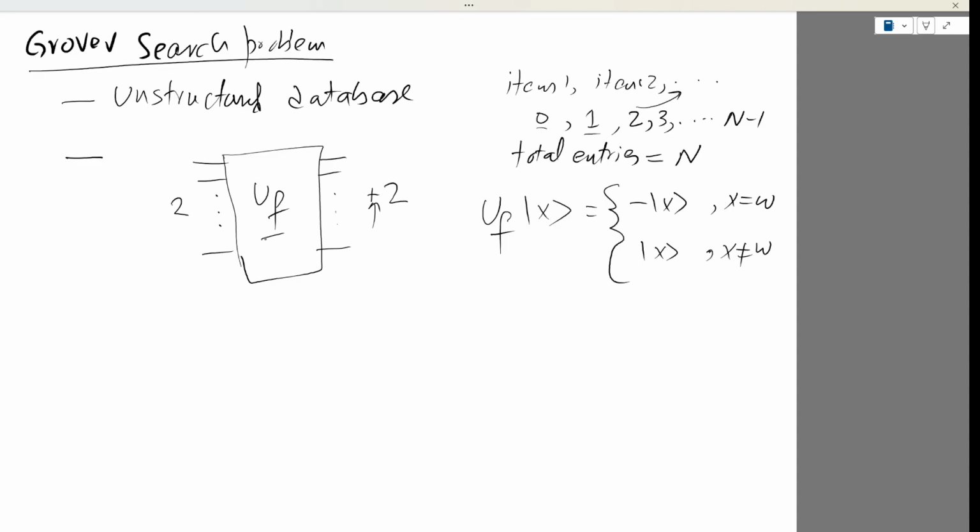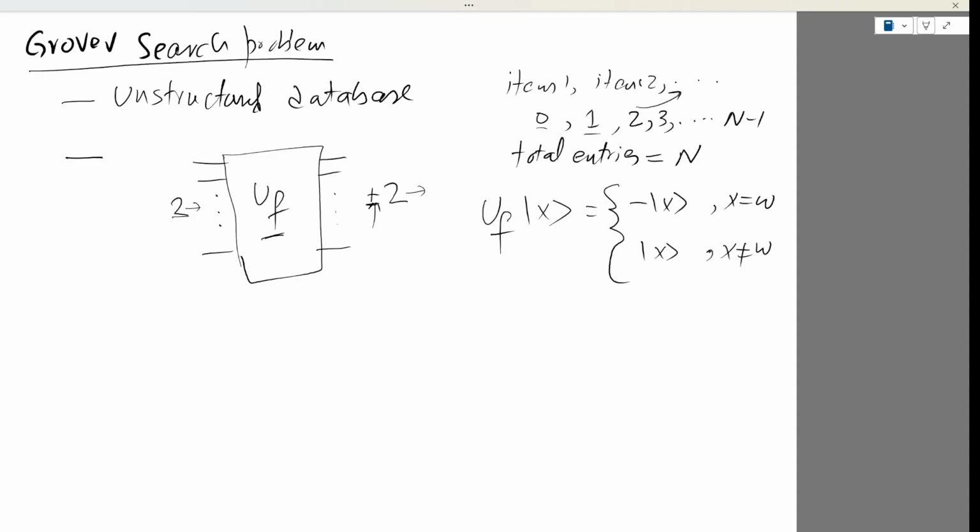So this UF oracle has access to this database, but as far as we are concerned, we are only giving it some input, and it's giving us the index as input and index as output. And by identifying the sign in front of this, we're able to see whether this index is of the item that we are looking for or not.